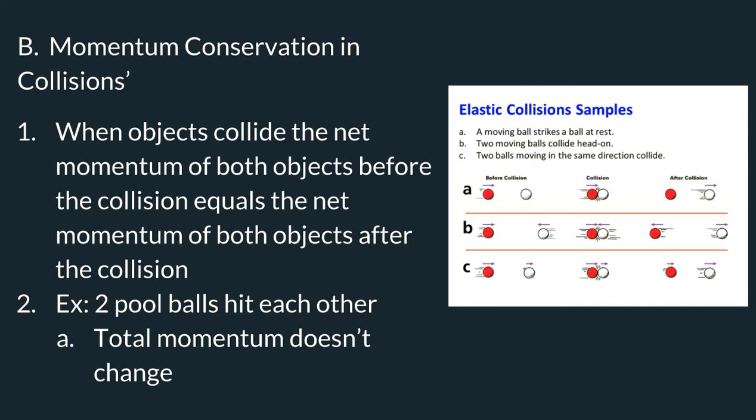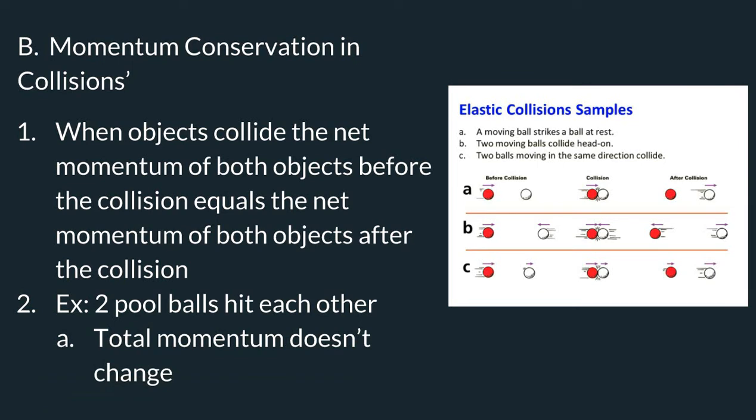When objects collide or run into each other, the net momentum of both objects before the collision equals the net momentum of both objects after the collision. So in our example, 2 pool balls hit each other and the total momentum doesn't change. You do not have to write this down, but I do want you to look through it with me.